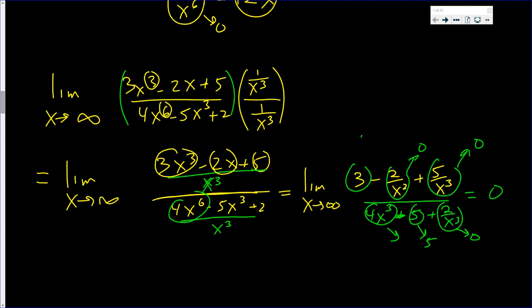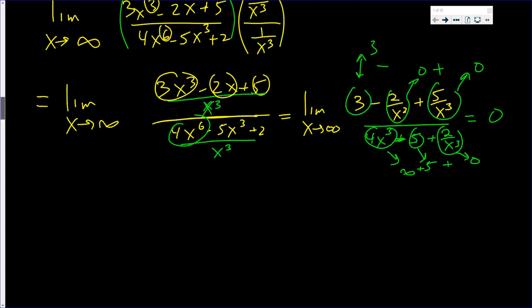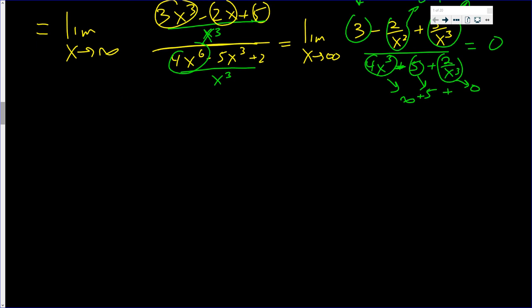I get the 3 from here. That goes to 3. 3 minus 0 plus 0 is 3. And 3 divided by infinity plus silliness, because infinity isn't affected by adding 5. Infinity plus 5 is still infinity.